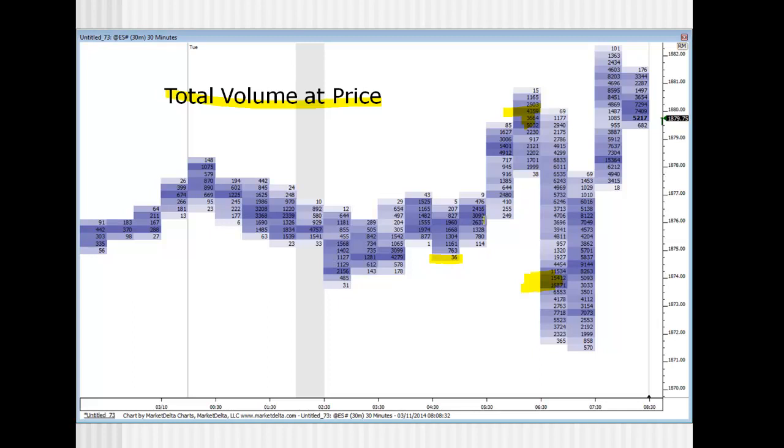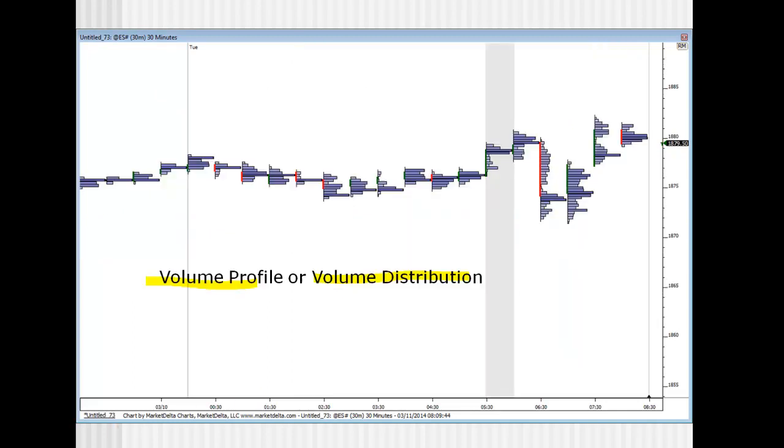So here we actually see the numbers. When we look at it this way, we see bars, we see a histogram, and we see different color intensities, again, based on which of these bars had a more intense and a greater level of volume. Again, the dark colors are areas of intense volume activity.